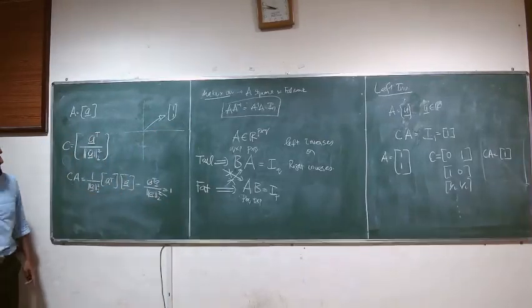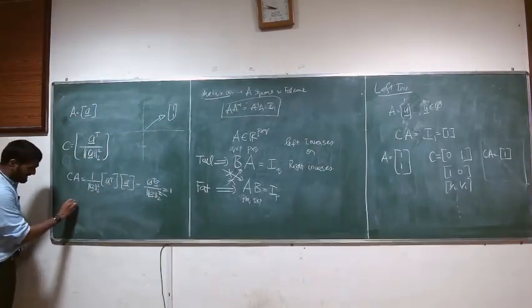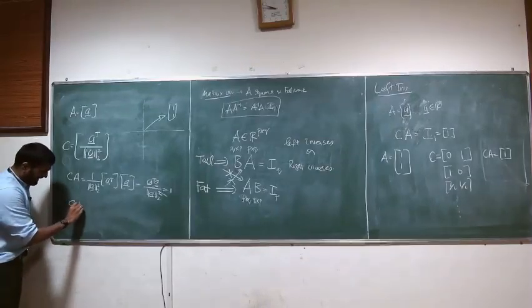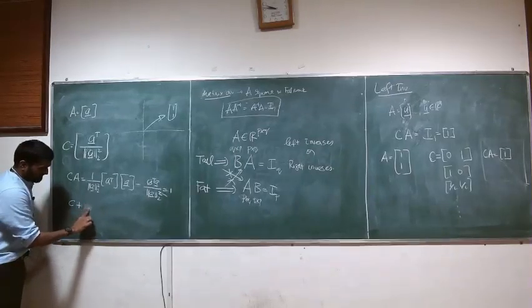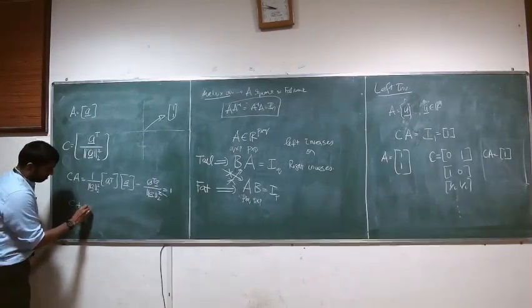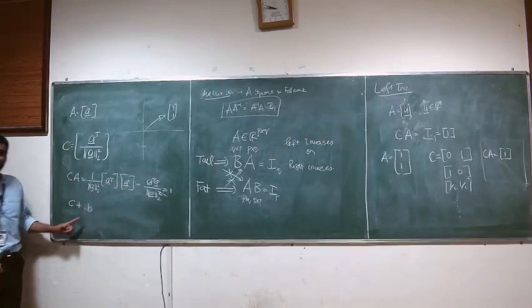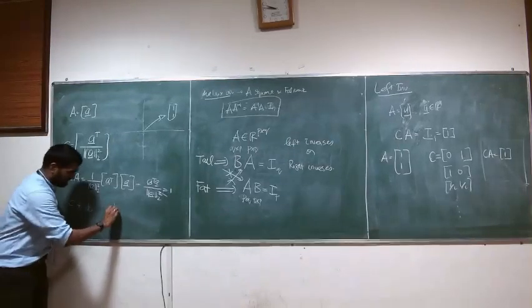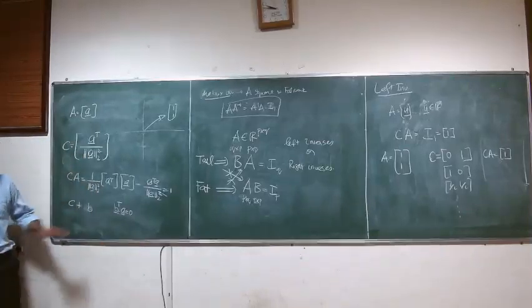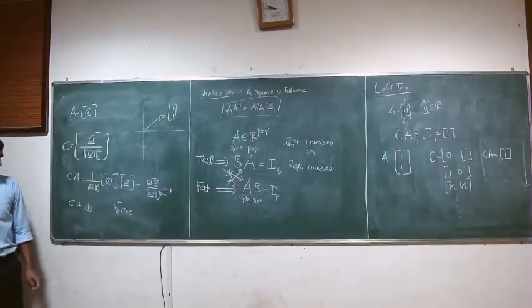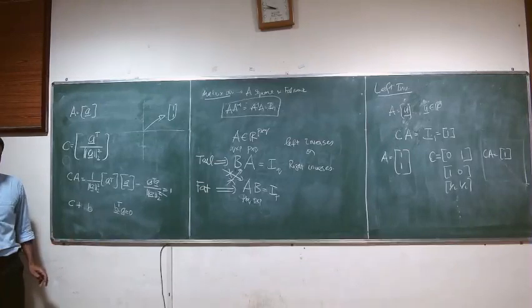Now you have this vector, right? Now, if I take C and simply add some vector B such that P transpose A is 0.